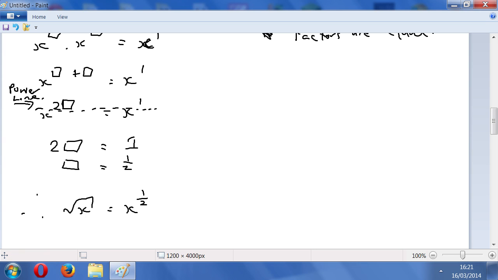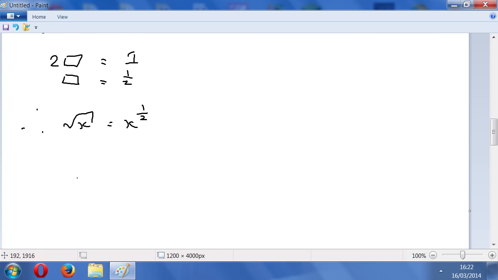And we can see how that works, can't we? If we do the square root of x squared, obviously that's going to be x. Now it's going to be x to the half squared. If we look at the powers here, at the rule that I wrote down for this bit, how did I write it here?